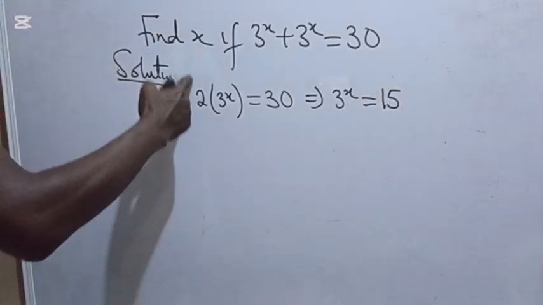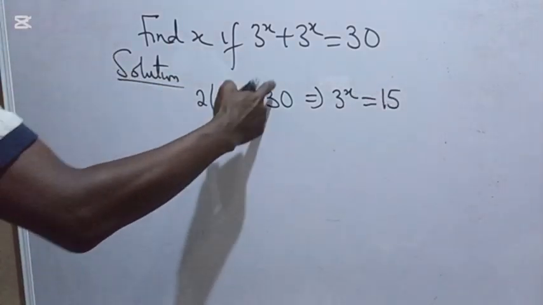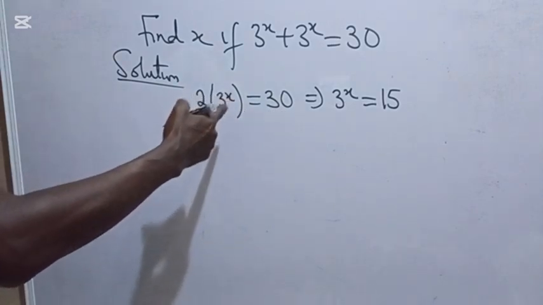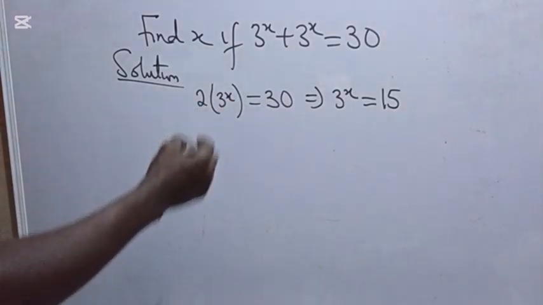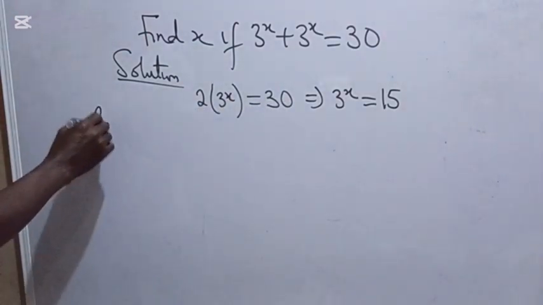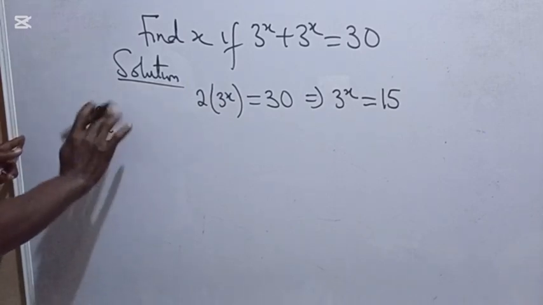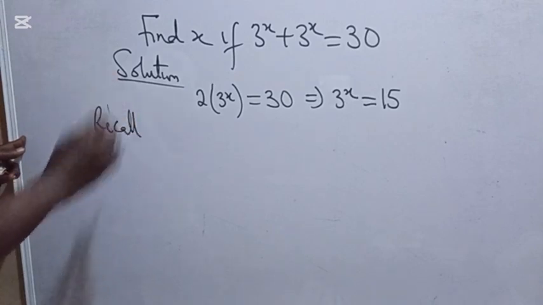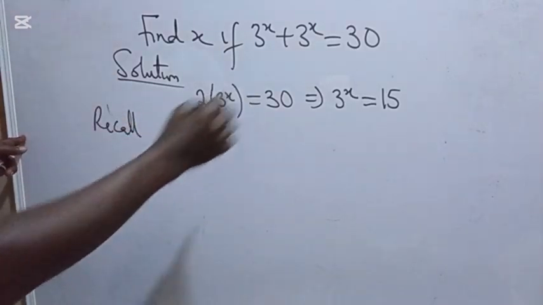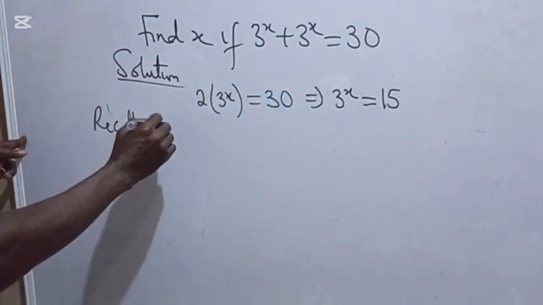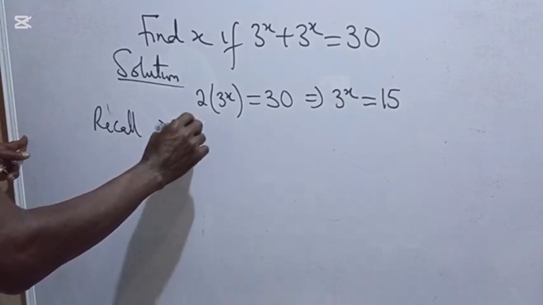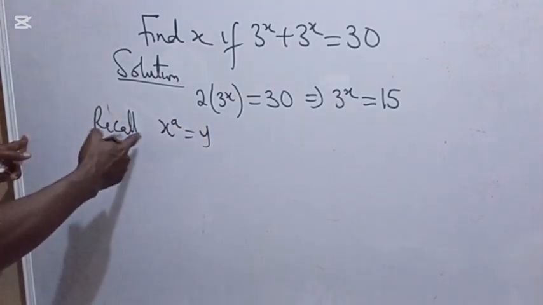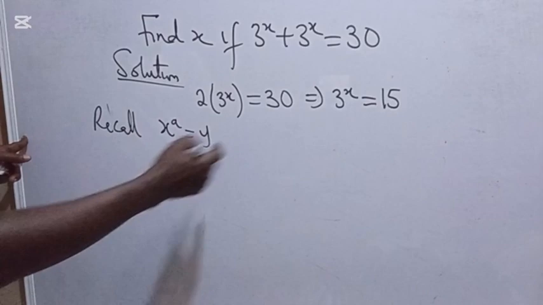Because the 2 here, we divide this, the 2 here, we divide this, we have left 3 raised to x equals 15. So now, recall in indices and logarithms that if we have x raised to a is equal to something, let's say it's equal to y, we take logarithm on both sides.